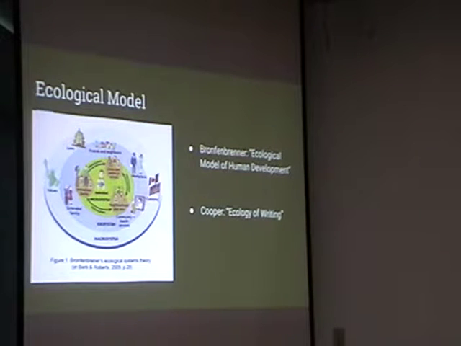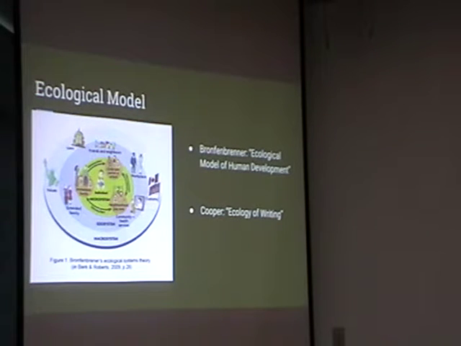There's these tiers you can see on this screen, that it's concentric circles, that there's the person developing, but within that first circle, it's like your immediate family, your first contacts with your teachers, your day-to-day life and who you interact with on a day-to-day basis. That forms that first circle.